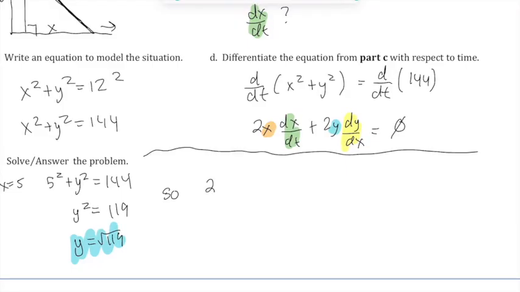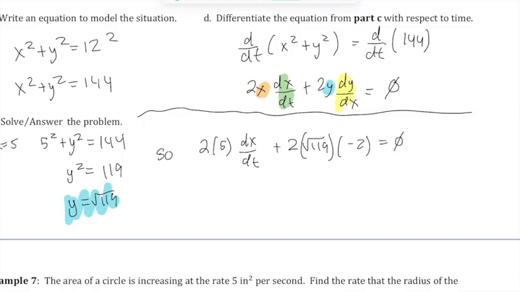So we're going to have 2x, which is 2 times 5, times dx/dt, which is what we're solving for, plus 2y, which is 2 times the square root of 119, times -2, equals 0. So this is going to be -4 root 119.